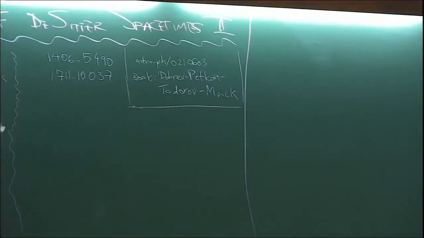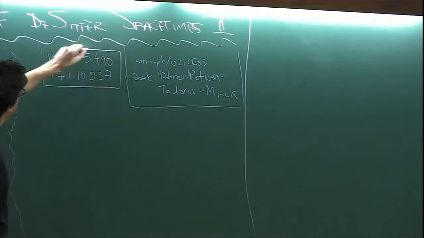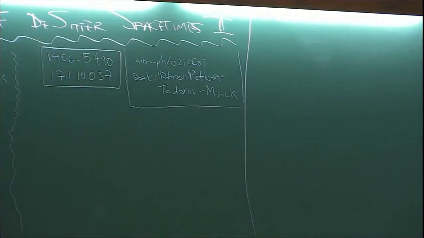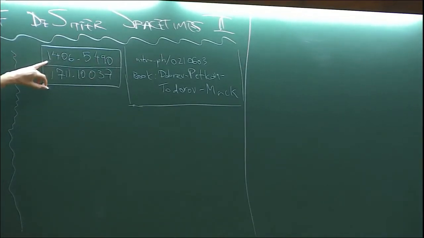I think the references that are most useful for today's discussion are the following papers. This paper over here develops the Schrödinger picture of quantum fields in a de Sitter space-time. And this paper over here emphasizes the operator algebra of de Sitter fields at late times.